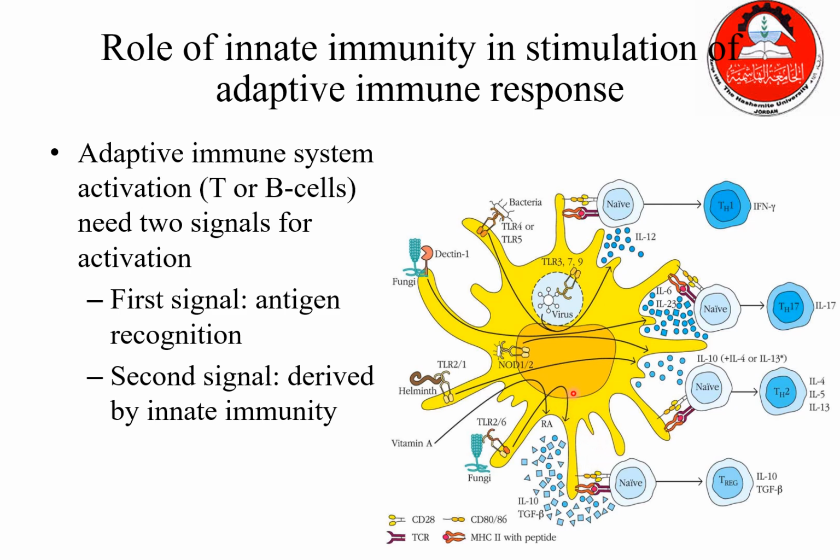It's going to be recognized على MHC2 وبالتالي it's going to be recognized by CD4 وبالتالي هاي هي bridging, the role of the dendritic cell in bridging innate immunity to adaptive immunity.